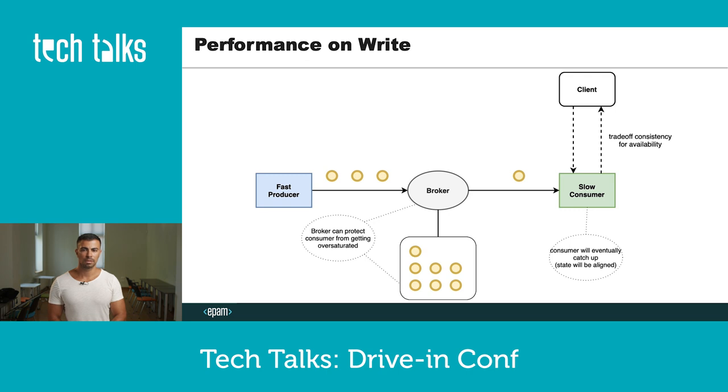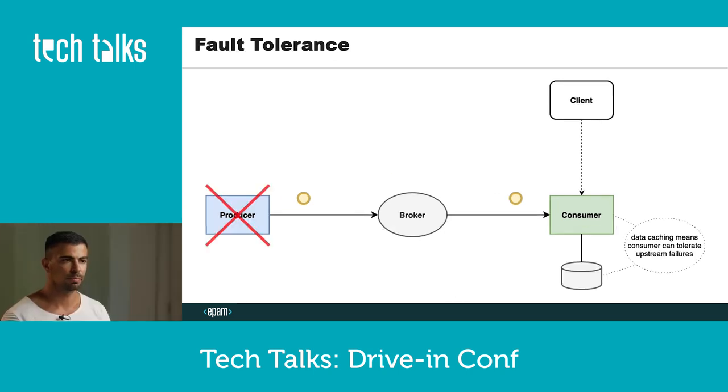But this is of course a trade-off in terms of consistency, because the client wouldn't get the most recent data, especially if the consumer cannot catch up with the producer. It also plays a major role in availability, being a lot more fault tolerant. For example, the consumer doesn't need the producer to be available in order to still operate and execute its function, because it's obliged to cache the data needed for later retrieval.